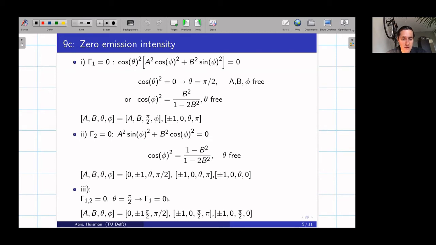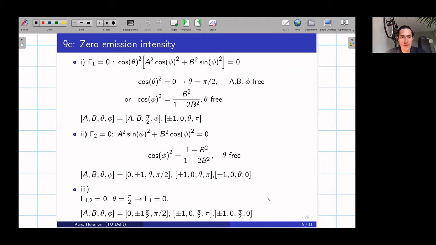And I can just use solutions from point 2 and plug in theta equal to pi divided by 2. If I do that, we have these combinations of a, b, theta, and phi, which will give a total emission intensity which is 0.